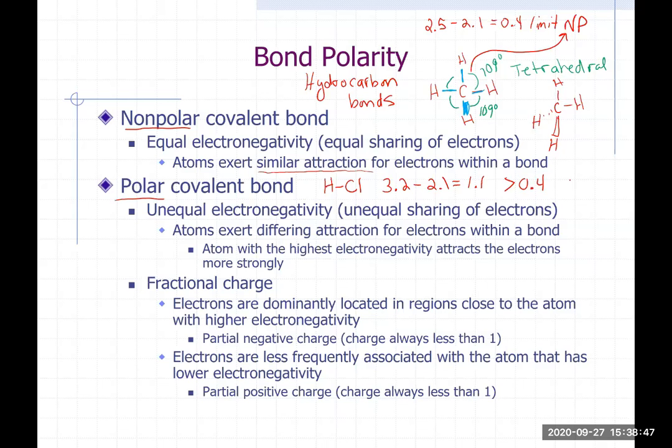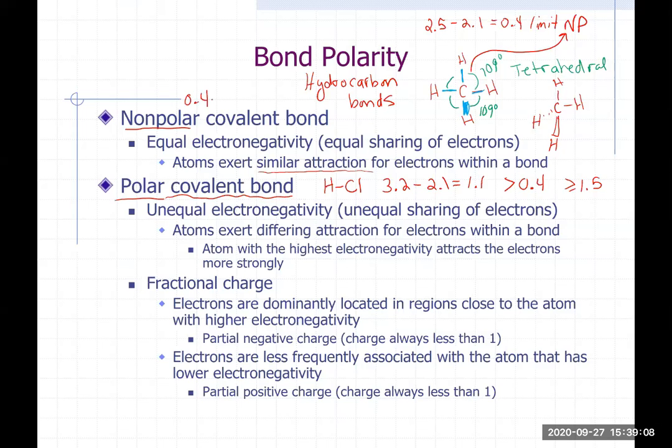But it's going to be equal to or less than 1.5. And those two are the limits of having a polar covalent bond. So again, nonpolar is 0.4 or less.